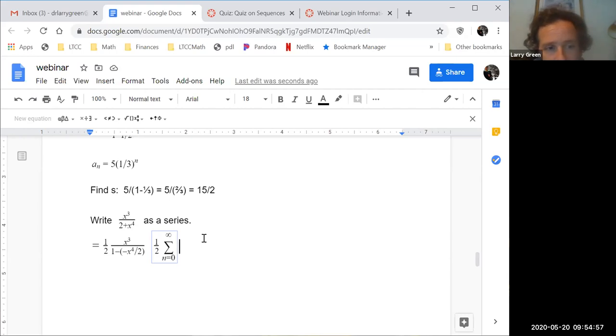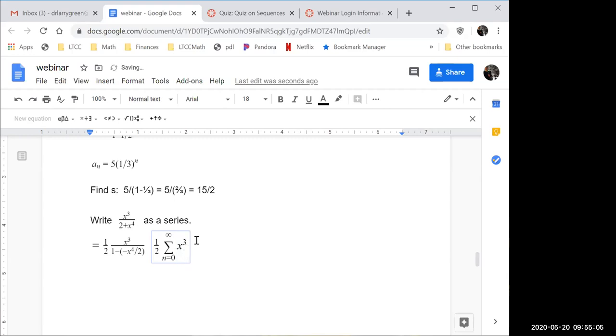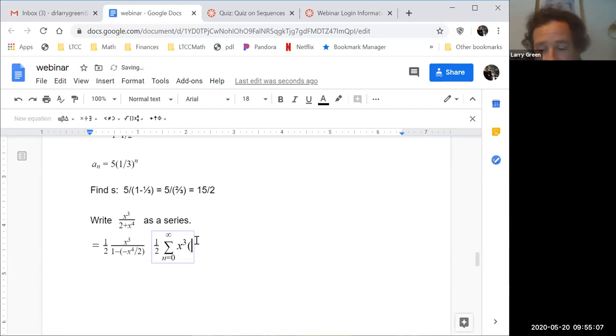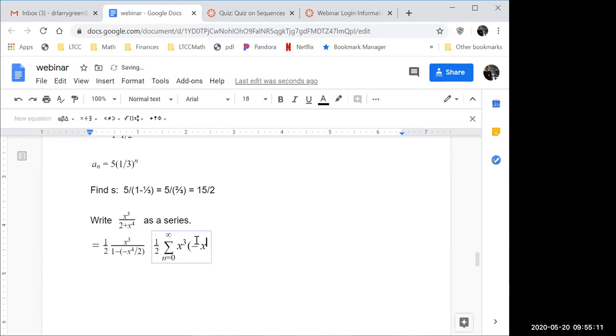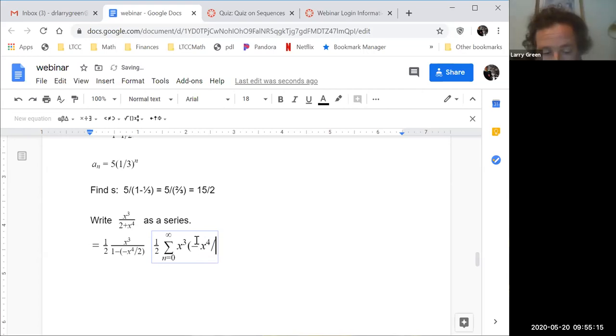Well, x cubed is our a naught. So x cubed times parenthesis negative x to the fourth over 2 to the n power. Any questions on that?